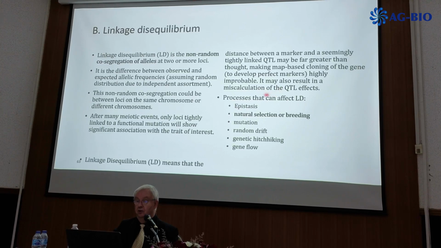It may also result in miscalculation of the QTL effects. Processes that can affect linkage disequilibrium are epistasis, gene-gene interaction, natural selection or breeding, which is important for breeding work, mutation, random shift, genetic hitchhiking, and gene flow.